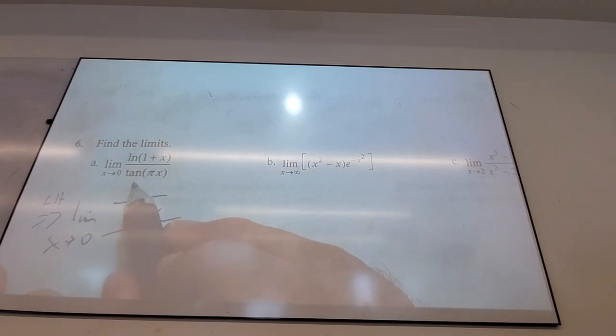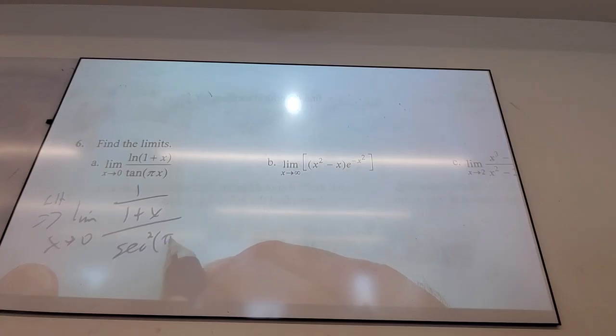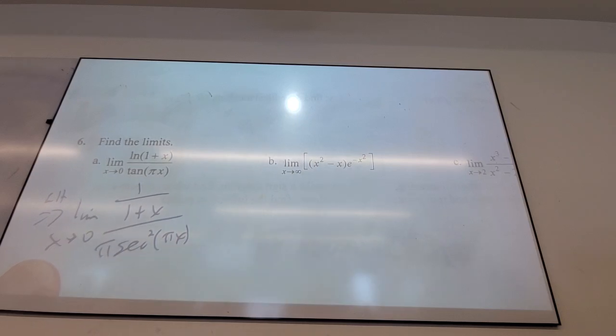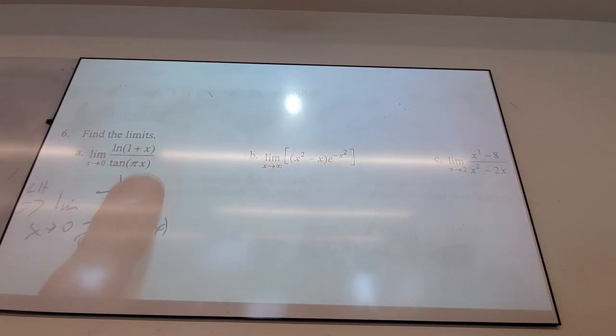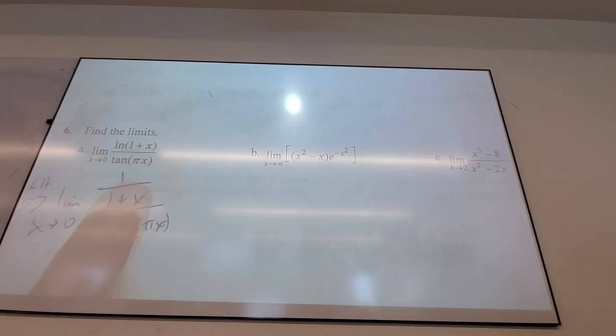And what's the derivative of the bottom? Secant squared of pi x, times pi. Good. What rule did that come from? Chain rule. Got to take the derivative of the inside at the end, right? Derivative of the inside is pi.